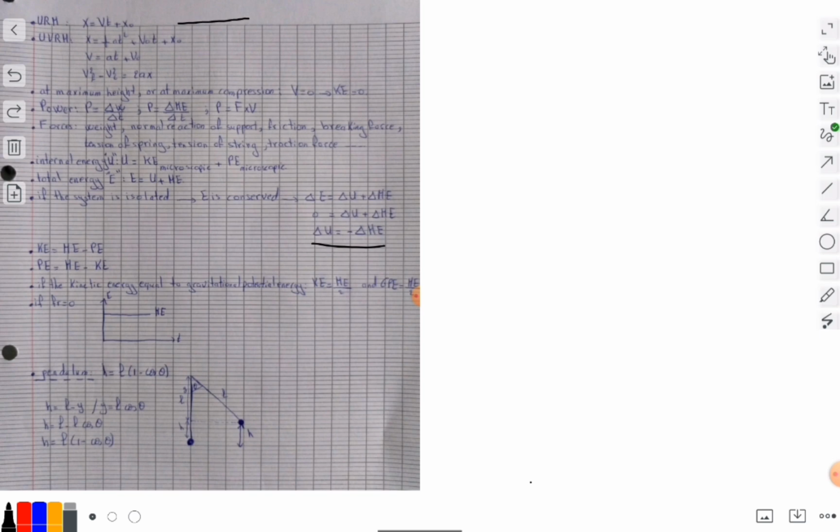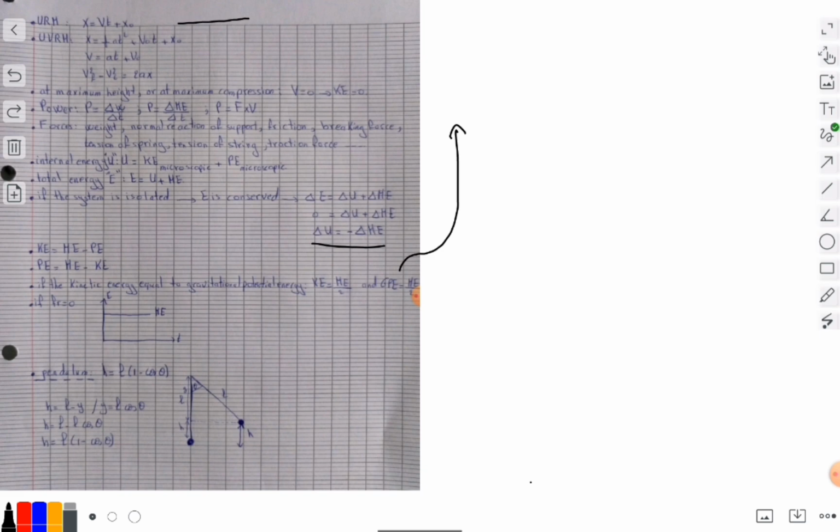Kinetic energy equal ME minus potential energy. Potential energy equal mechanical energy minus kinetic energy. If the kinetic energy equal to the gravitational potential energy, we have KE equal mechanical energy over 2, and the GPE equal mechanical energy over 2.